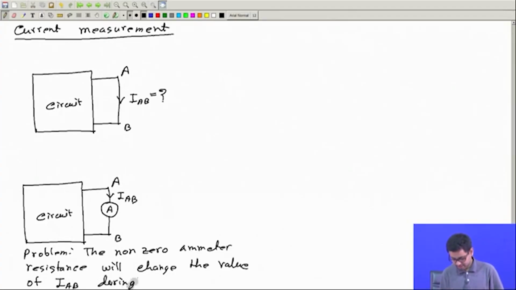If I want to measure it, I insert the ammeter, but then the current changes. So how can we get rid of this problem? The only solution is that the resistance of this meter should be as small as possible.